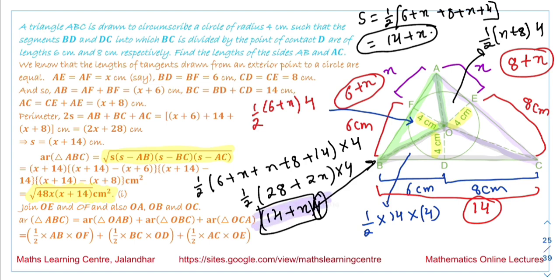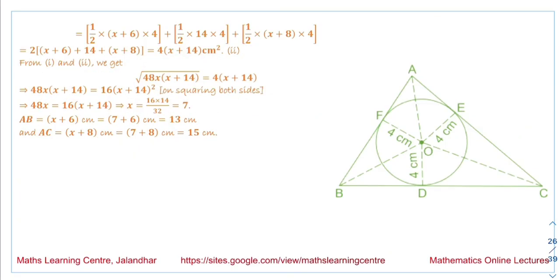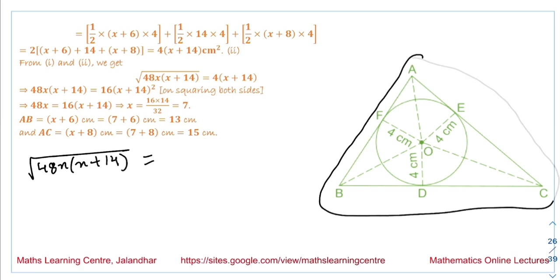Now both these areas should be equal in value. So the square root of 48x into x plus 14, we have shown the calculation on the next slide, is the area of this triangle ABC. That is equal to the area of these smaller triangles we are talking about.